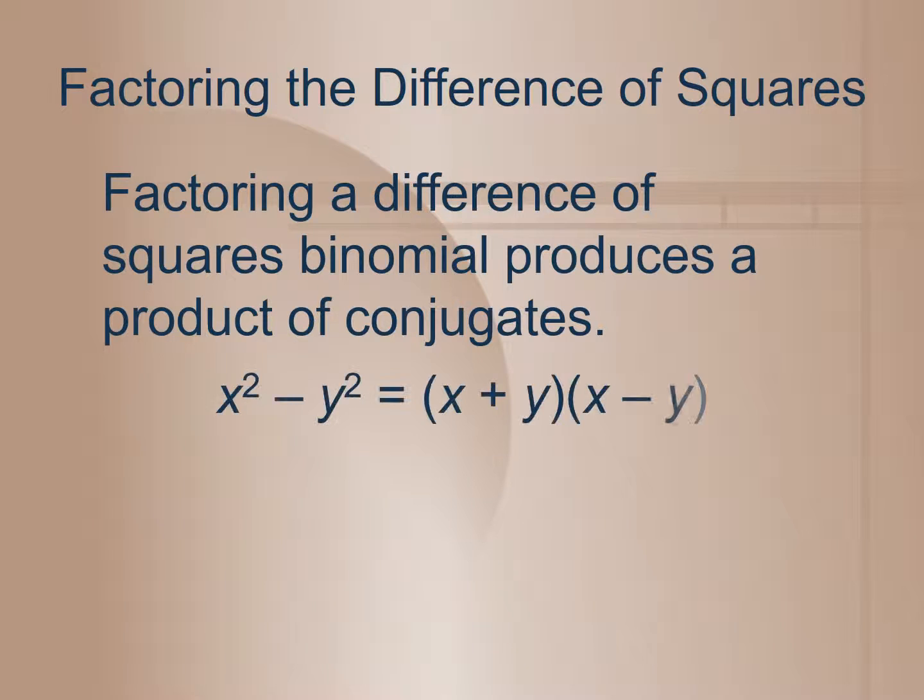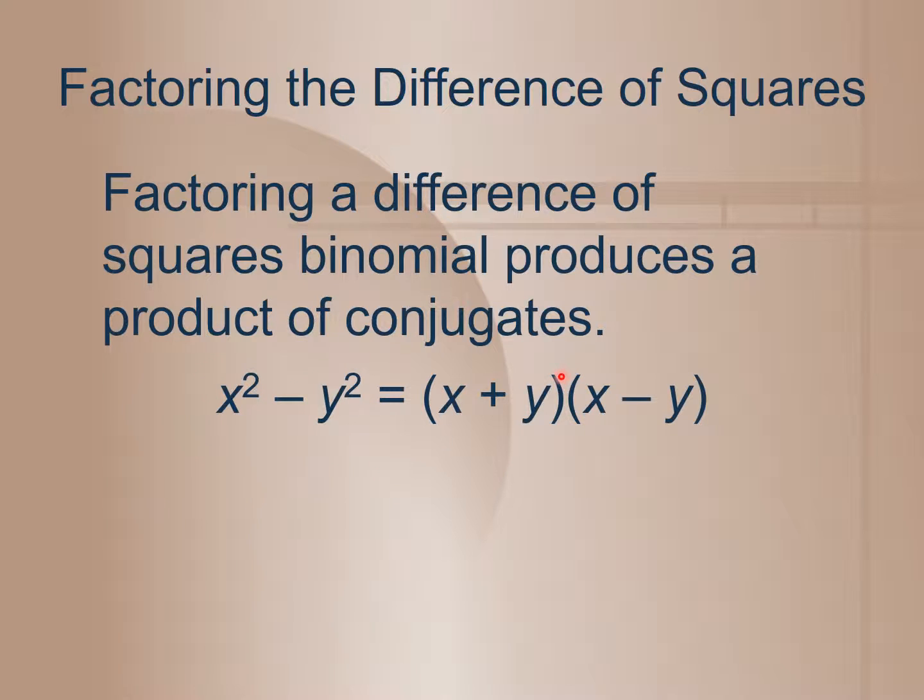For example, if we have x squared minus y squared, these are two squares, right? There's an x squared and a y squared, and it's a difference because we're subtracting. When we factor that, we end up with the product, which means multiply, of conjugates.